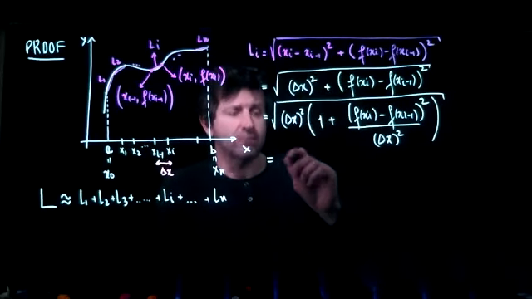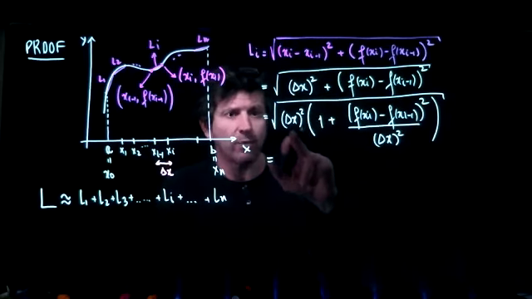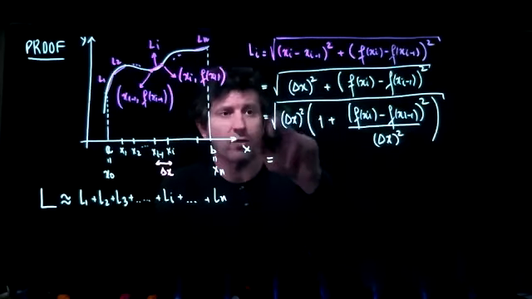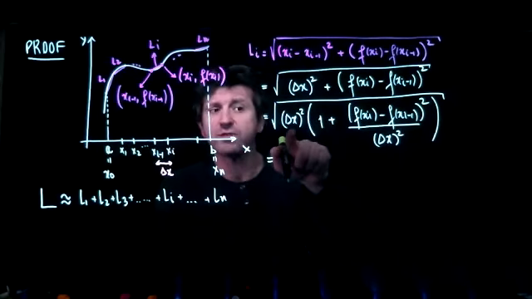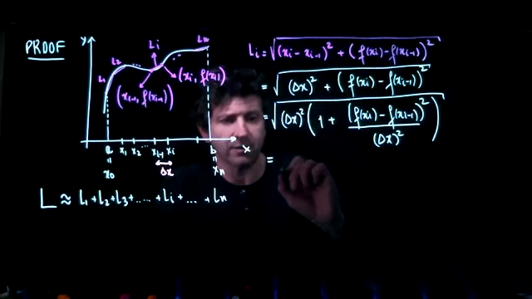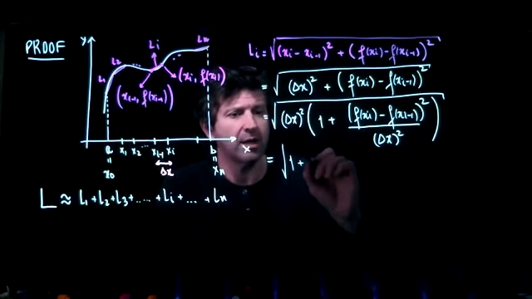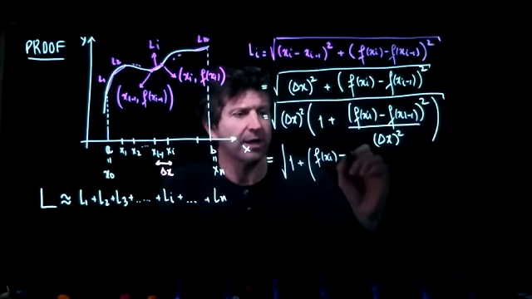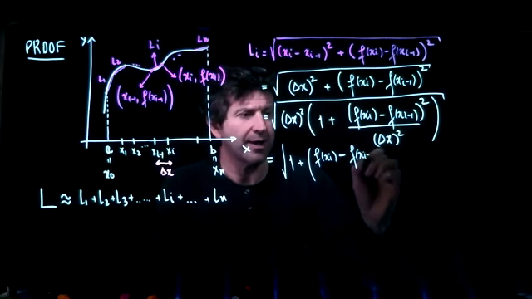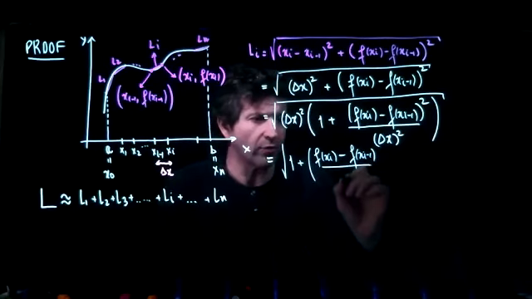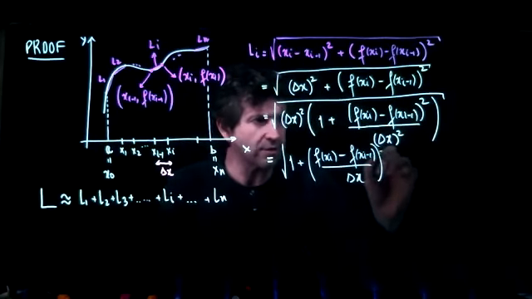Okay, so let's continue. I'm going to now apply the square root of delta x squared, so it becomes just delta x. So I have now what? Square root of 1 plus, and here I will have f of xi minus f of xi minus 1 over delta x, all this squared.